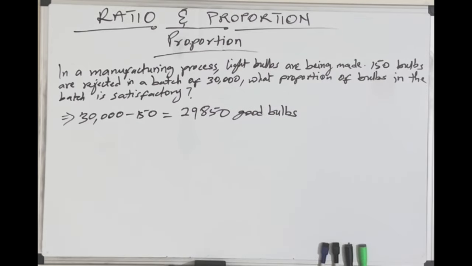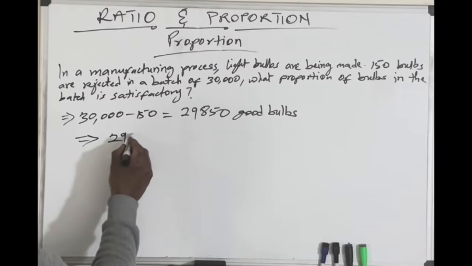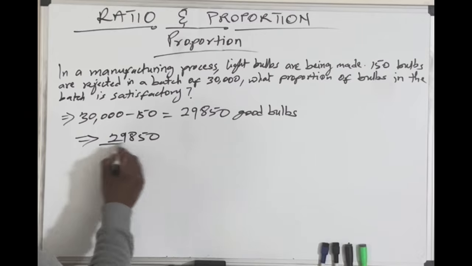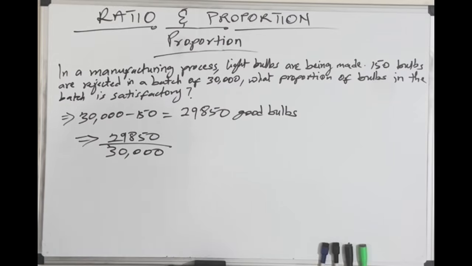And then we are saying what proportion of bulbs in the batch is satisfactory. So that means we are looking for what? The good bulbs. And right now we have it to be 29,850 over 30,000.